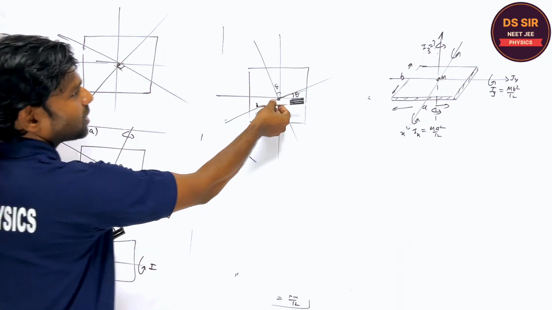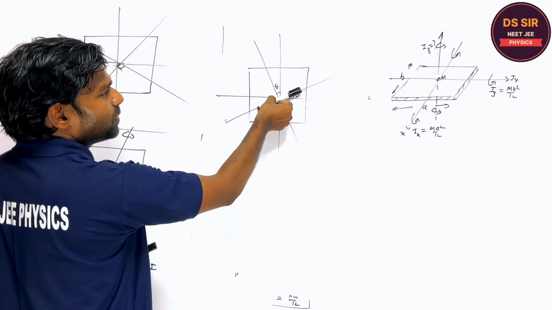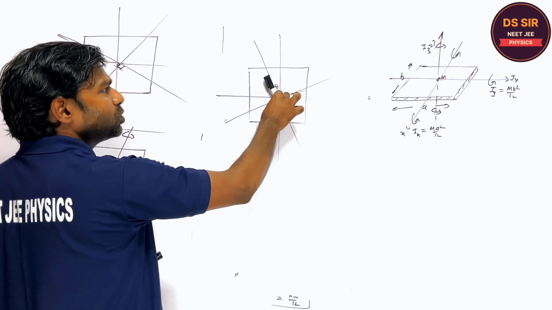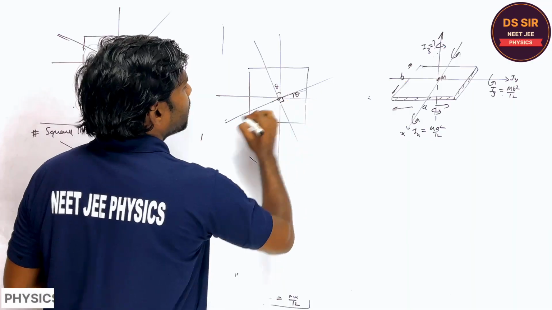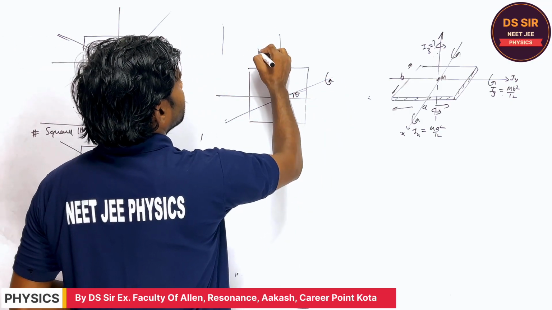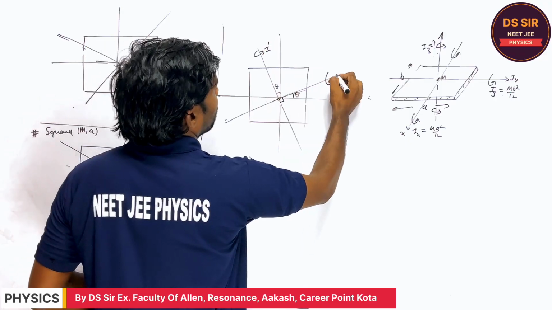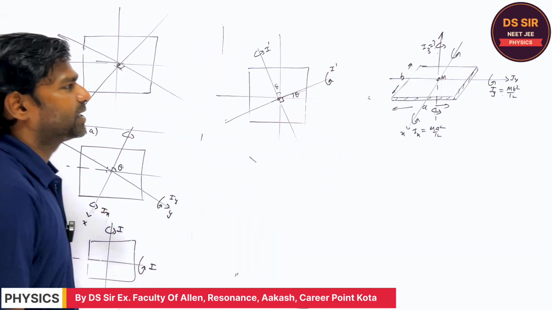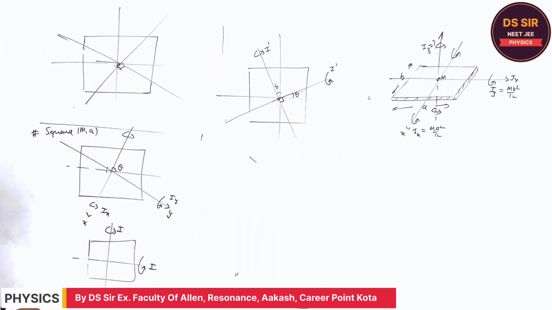If you give some angular displacement theta, this axis also rotates, because these two axes are perpendicular. If the moment of inertia about this is I, the moment of inertia about this axis will also be I dash. Do you understand or not?